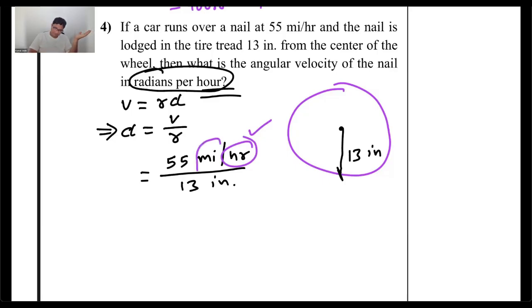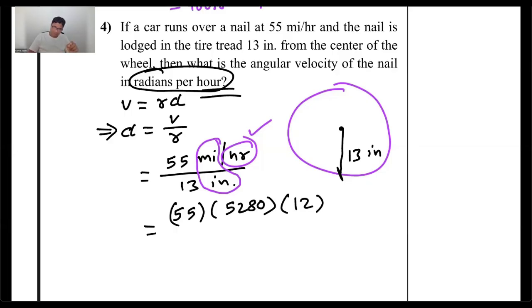What do we need to do then? We need to make sure that the length is also of the same unit, then you can cancel correctly. So I will convert miles to inches. That is easy. 55 times 12. No, sorry. Miles to feet first. 5280 converts miles to feet, times 12 converts feet to inches.